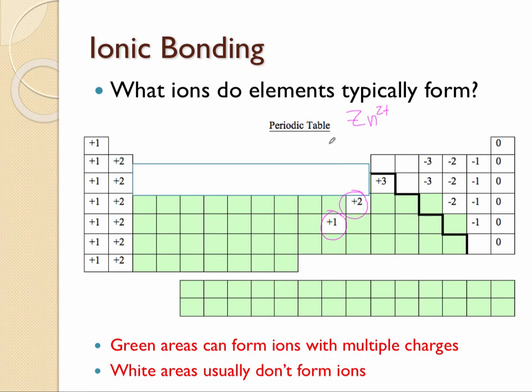You also need to memorize that silver always forms a +1 ion. Okay. Green areas we'll talk about shortly in another screencast. They tend to form ions with more than 1 charge. White areas don't usually form ions, they tend to share.